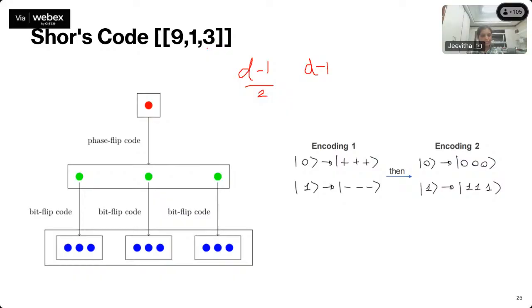So here d is 3, it means that d minus 1 is 2, divided by 2 equals 1. So in this case, when d equals 3, the answer will be 1. So it will be able to detect and correct, I meant detect and correct. So this represents the number of errors it can detect. So here Shor's code can detect up to 2 errors if d equals 3, and it can correct up to only one error.